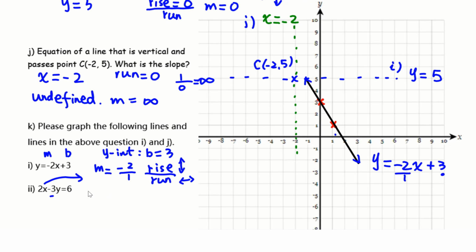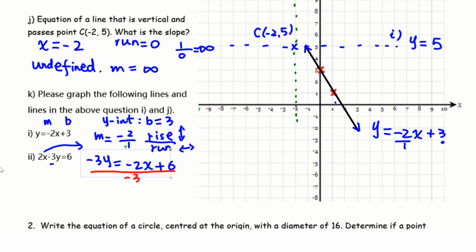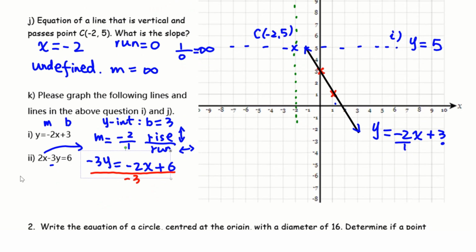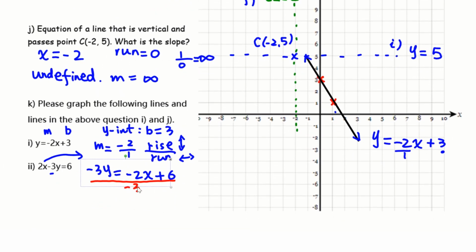So 2x to other side, you are going to have negative 2x plus 6. Then we need to bring the negative 3 to other side. Then we are going to have y equals, negative 3 divided by negative 3 is y, so negative 2 over negative 3 is 2 over 3x. 6 divided by negative 3 gives you negative 2.